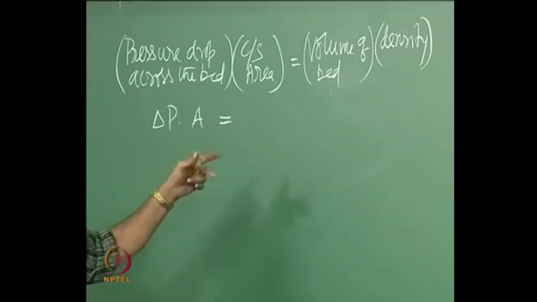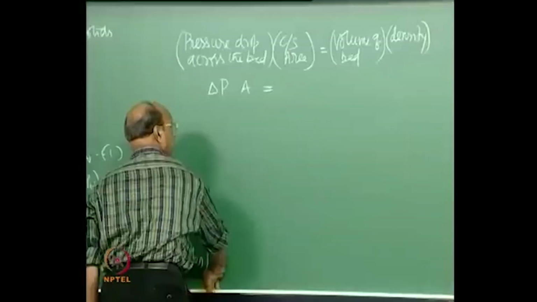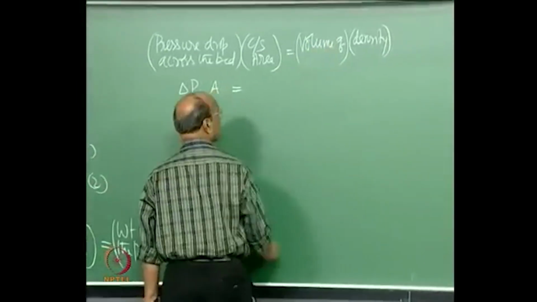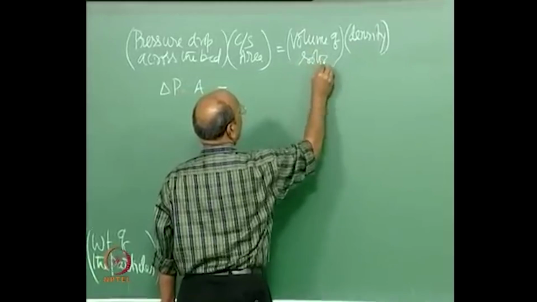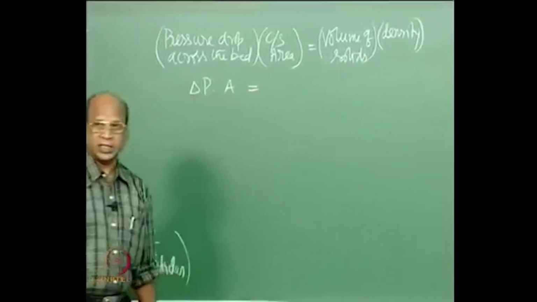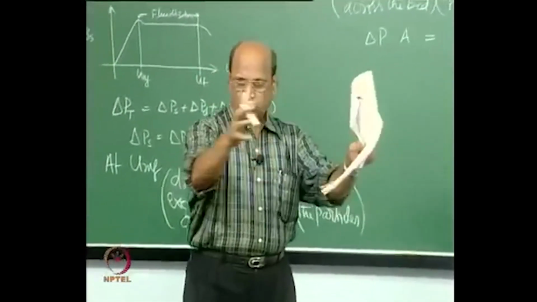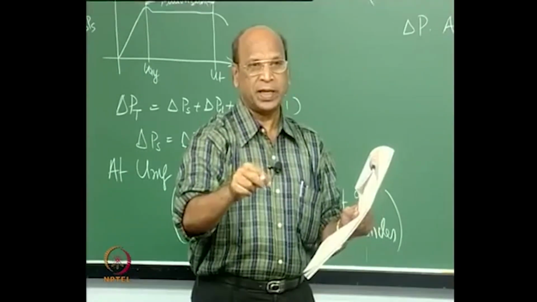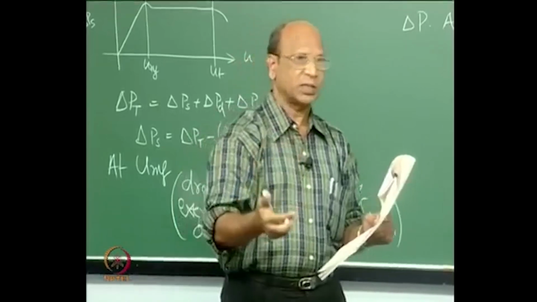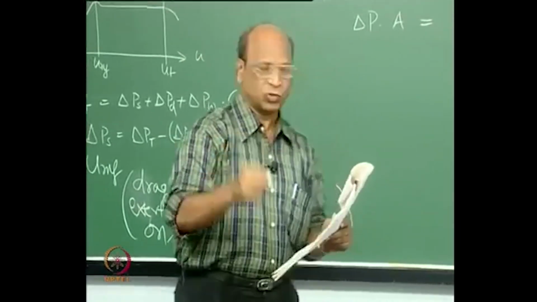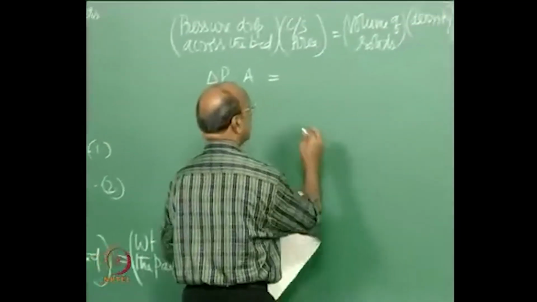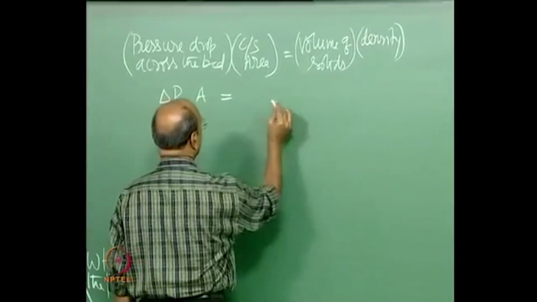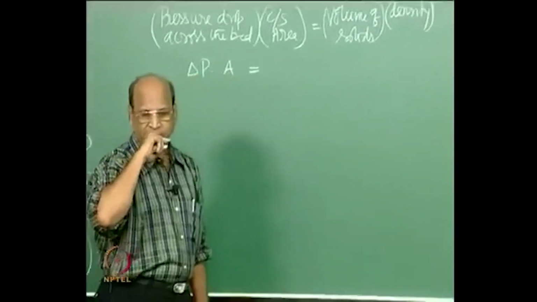So if we fill the entire bed, the volume of the bed into 1 minus epsilon will be the volume of the solids, where epsilon is the void fraction.